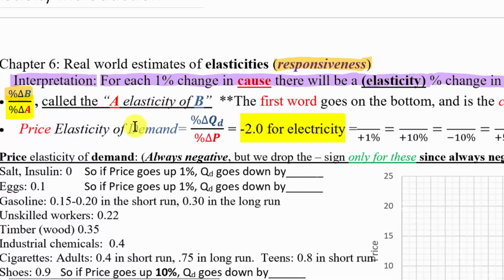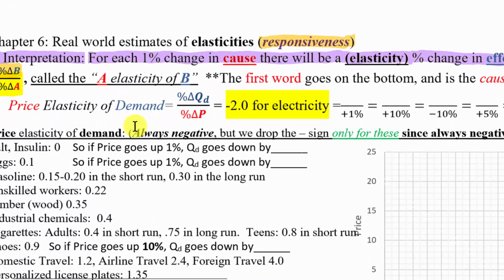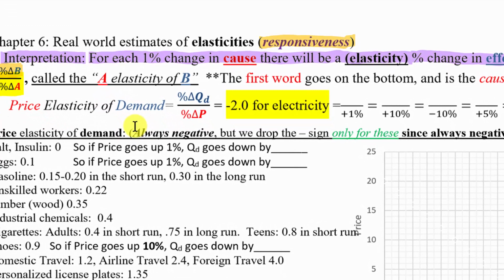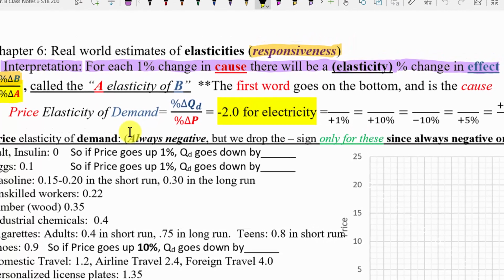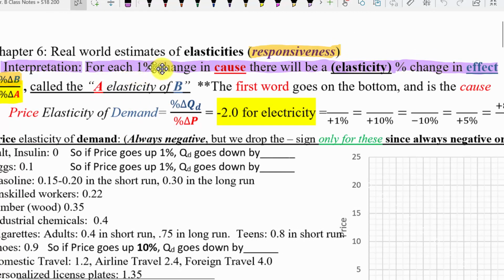Let's start off with our standard easy interpretation. This is your go-to interpretation for elasticities in purple here. For each 1% change in the price, that's the cause, there will be a -2% change in the effect.